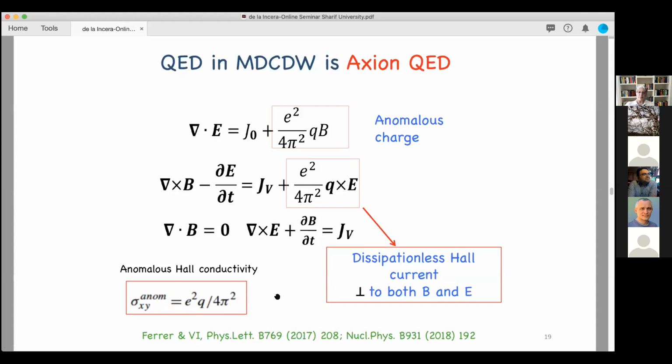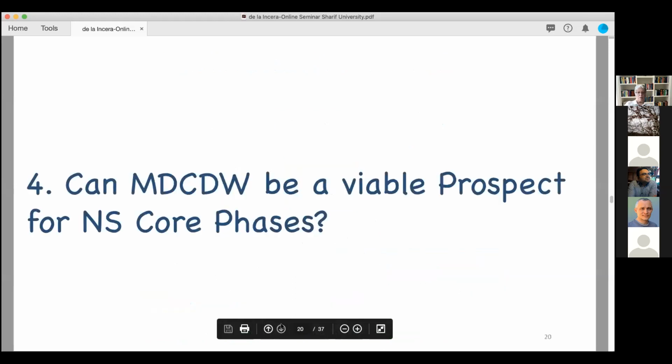There is also magnetoelectricity because of these anomalous terms. An electric field can produce a magnetic polarization, and vice versa, a magnetic field can produce an electric polarization. So these are the main properties of the MDCDW.